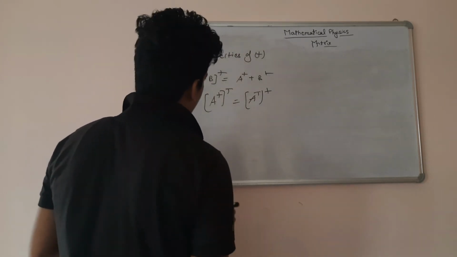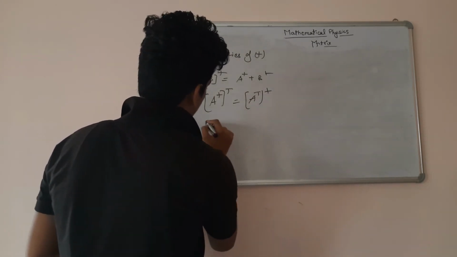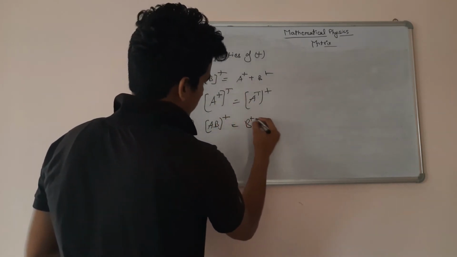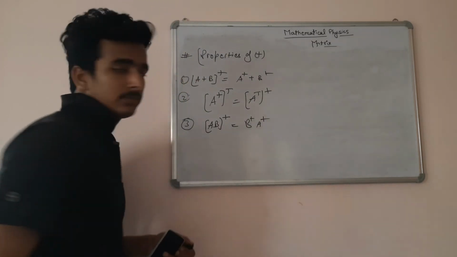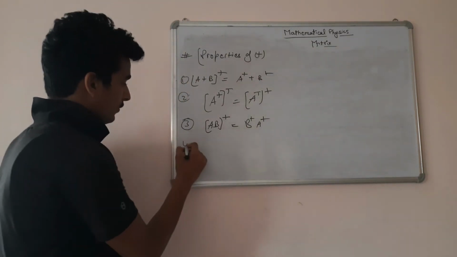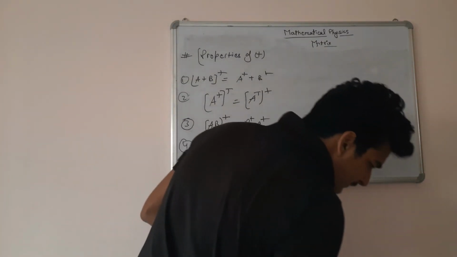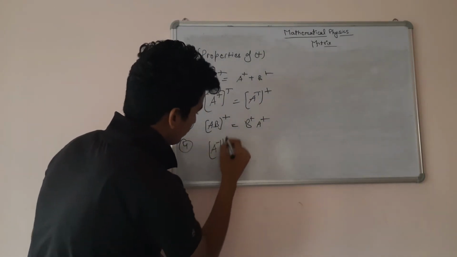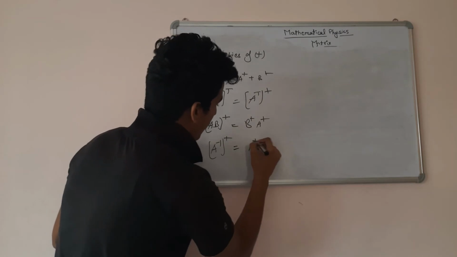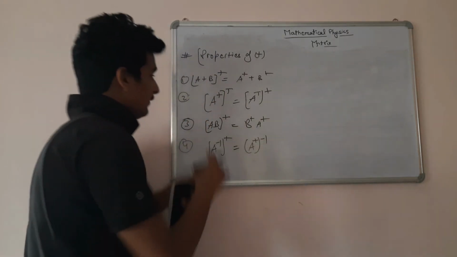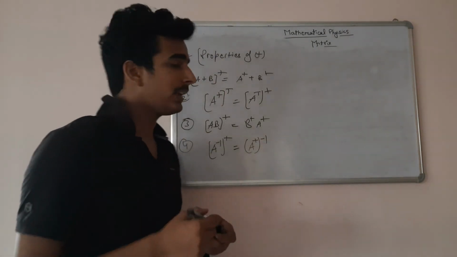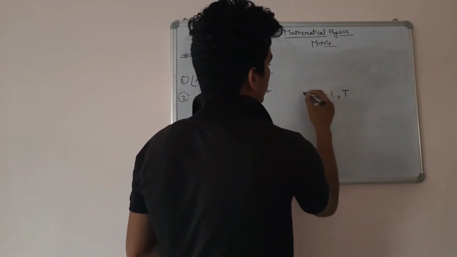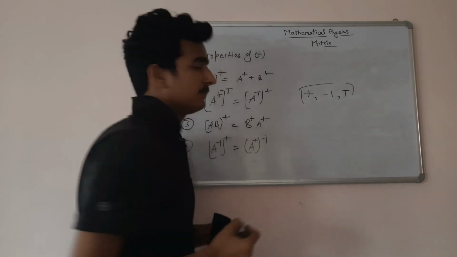Now the third property is similar to all the previous results. The fourth property of dagger is again this. So basically from all these discussions we get that the dagger, the inverse and the transpose are interchangeable.